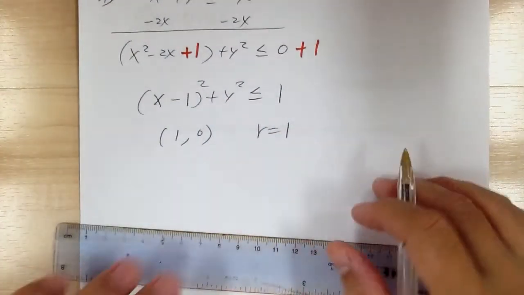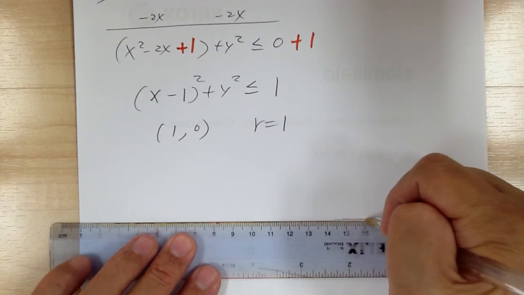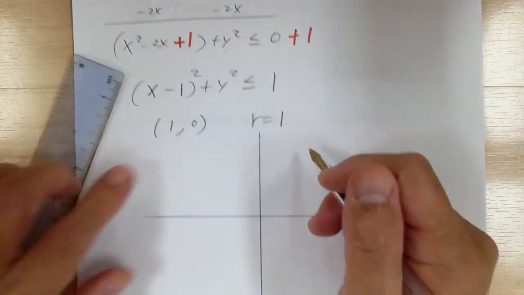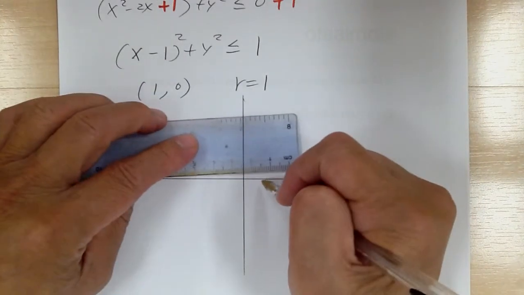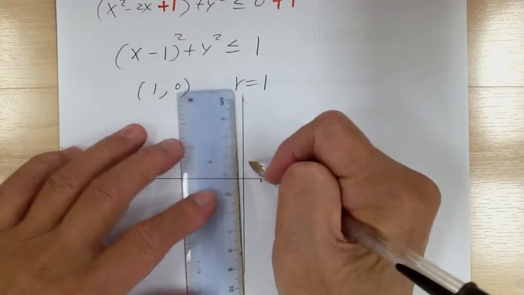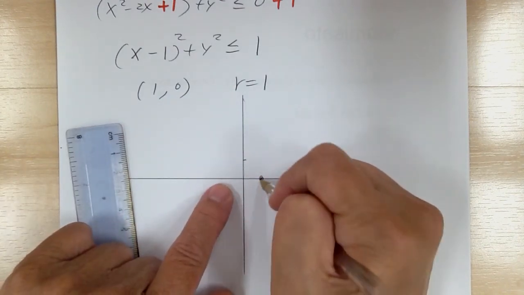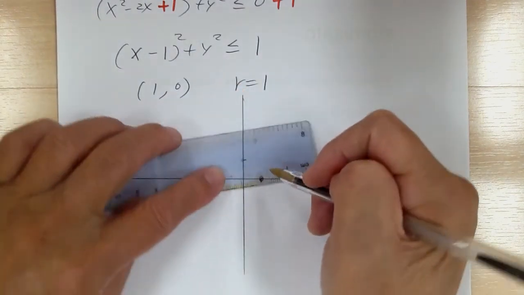Okay, so again, let's go and sketch it out. So center is at (1, 0). Radius is 1.